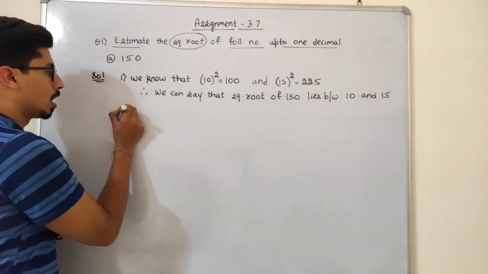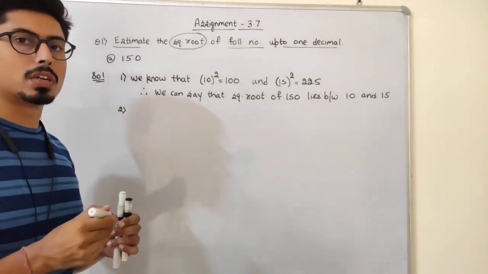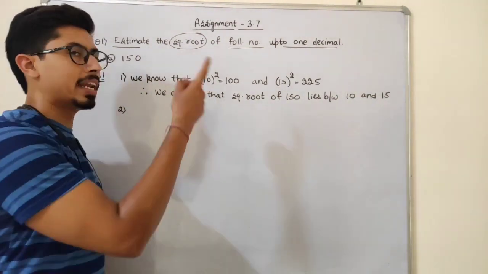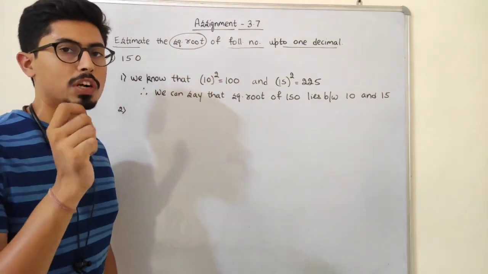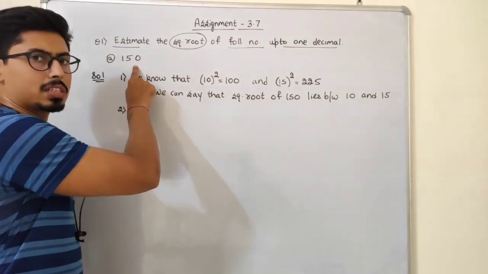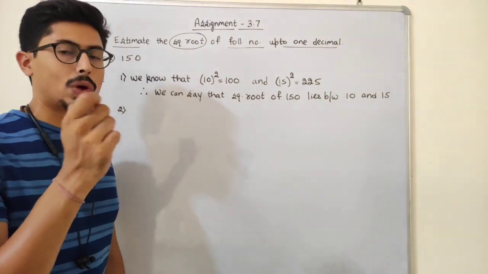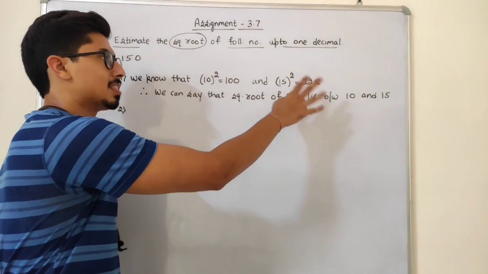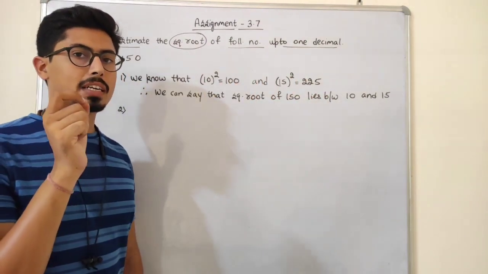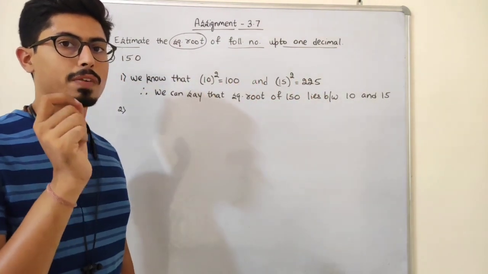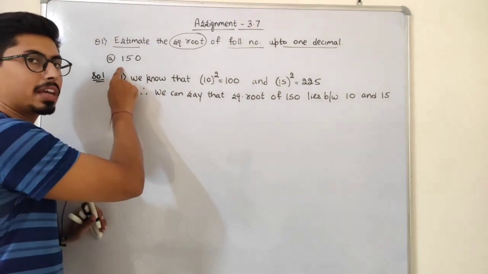Now let's move closer. If after 10 I take 11, 11 squared is 121, which is less than this number. Let's move further. If I take 12, which lies between 10 and 15, 12 squared is 144, which is nearer to this number.